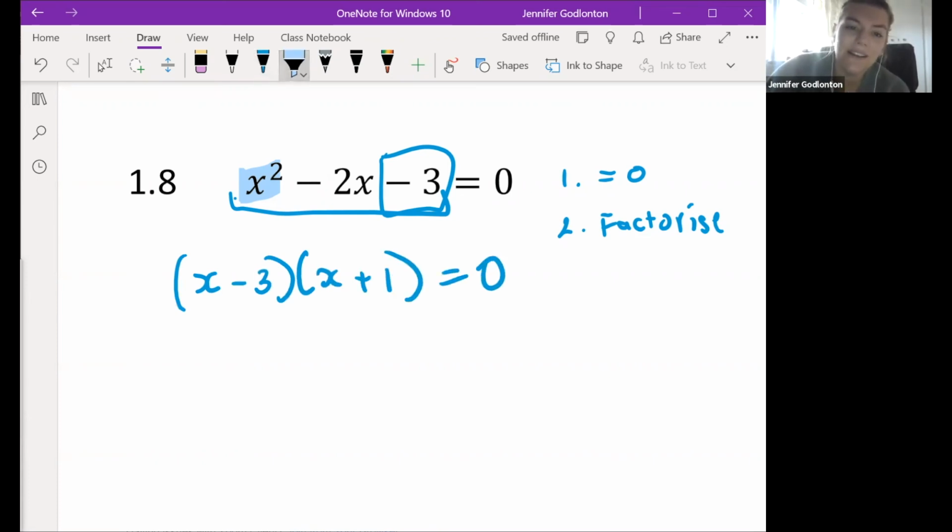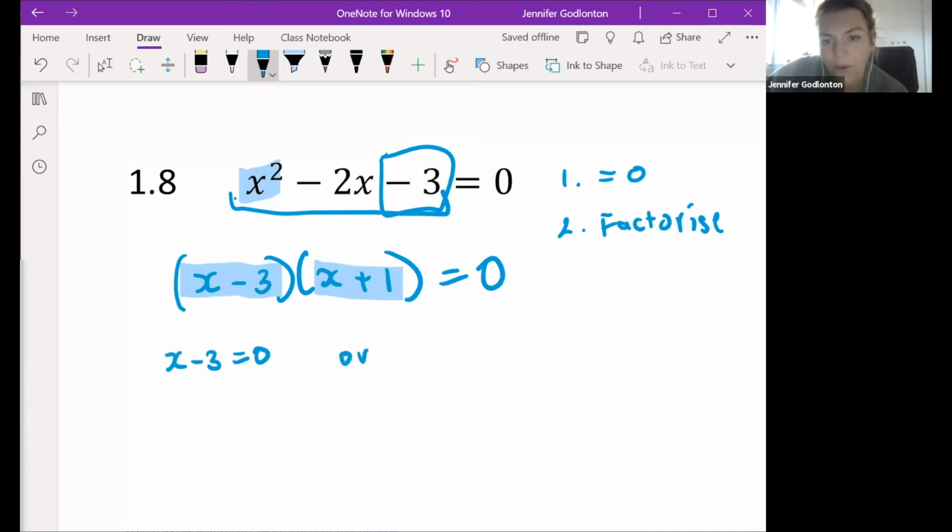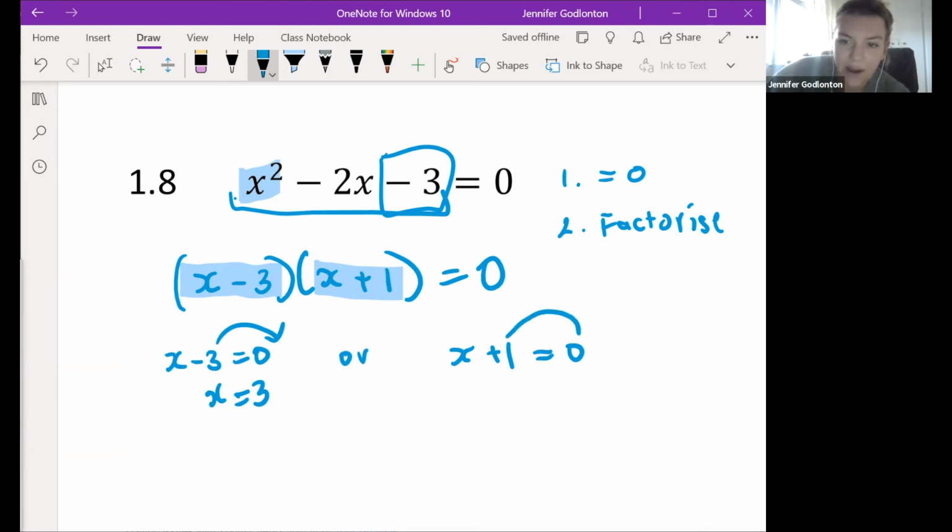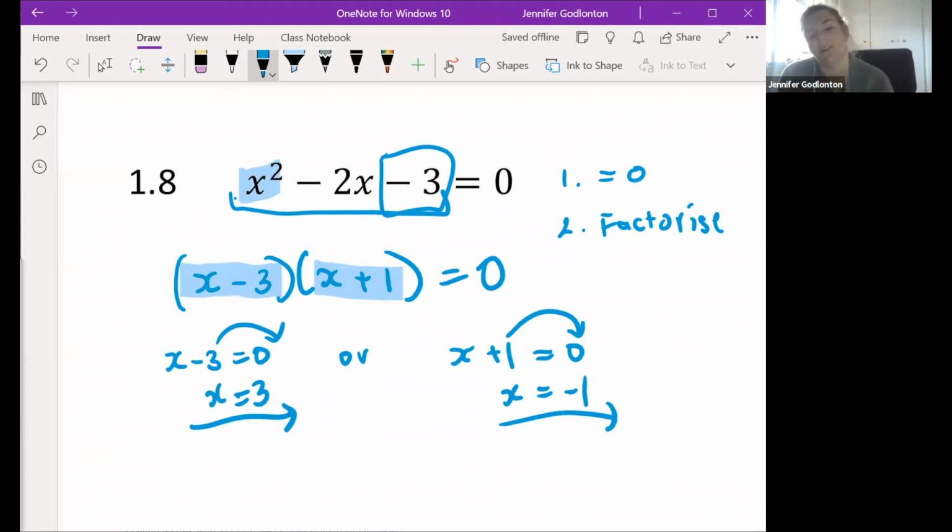Once we have factorized, we say either this is equal to 0 or this is equal to 0. So x minus 3 equals 0 or x plus 1 equals 0. Move that 3 over, so x equals 3. Move that 1 over, or x equals -1. And those are two answers.